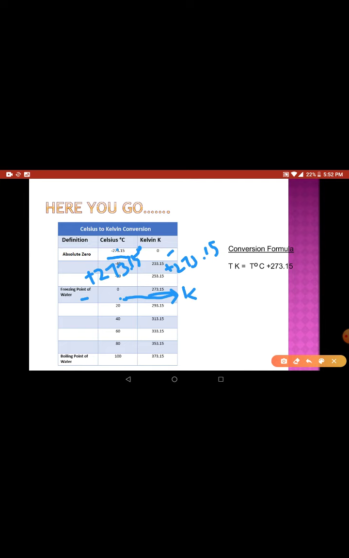So to get this Kelvin scale, how much do you need to add? 273. So here we got the conversion formula. Suppose you have a temperature given in Celsius and you want to convert it into Kelvin, then you need to add 273.15, then it comes in Kelvin.